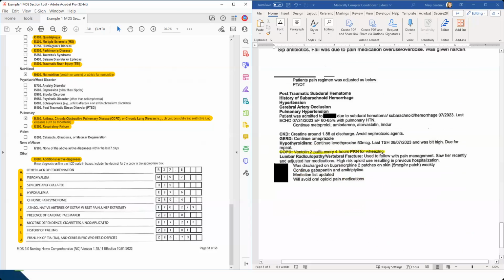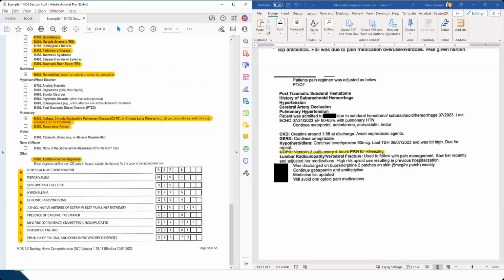So as you can see, as a result of these changes, pneumonia would need to be changed from a no to a yes because it is an active diagnosis. Malnutrition would be changed from a yes to a no, as the documentation doesn't support it and there's no risk even noted in any of the nutritional notes.